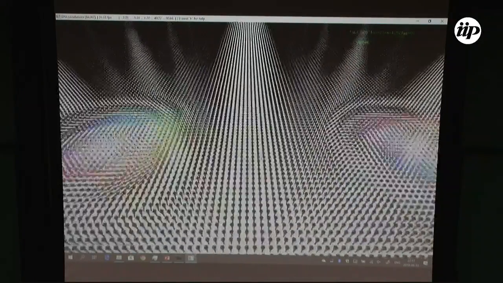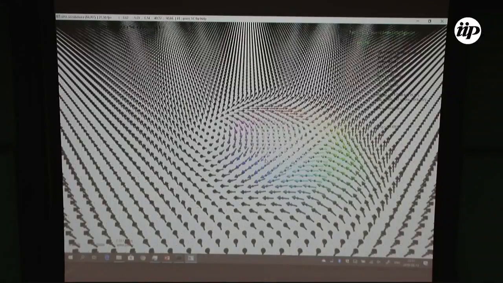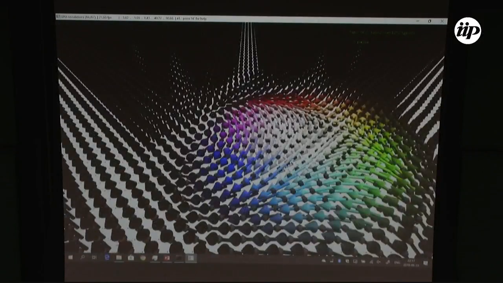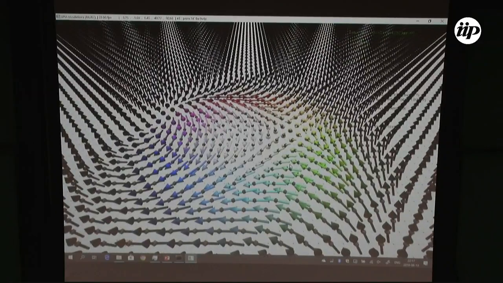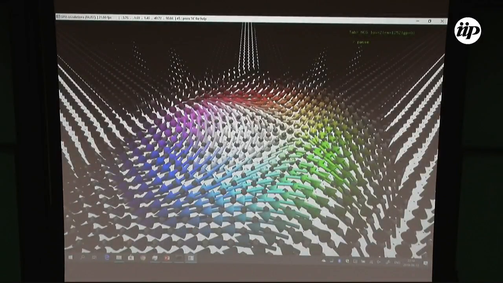And on the right side, look, it is another kind of vortex. And if you calculate the topological charge, it will be opposite to the left one. So from a certain point of view, this is an anti-skyrmion.